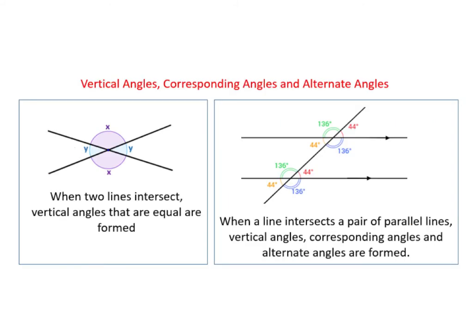We also introduced angles next. Special types of angles, vertical angles when two lines intersect. Remember that we have specialty angles here. We have alternate interior angles, alternate exterior angles, and corresponding angles.